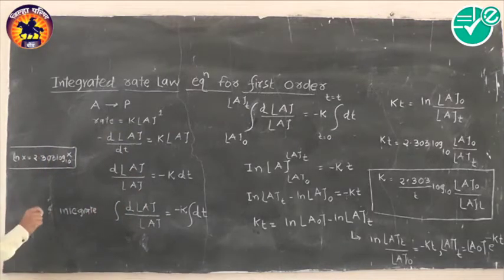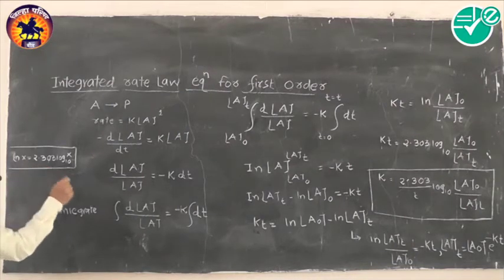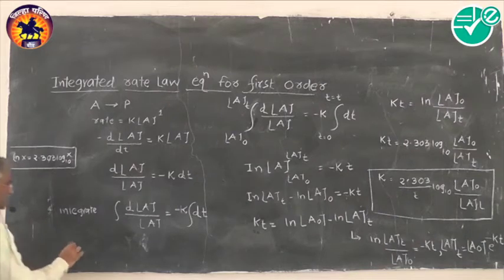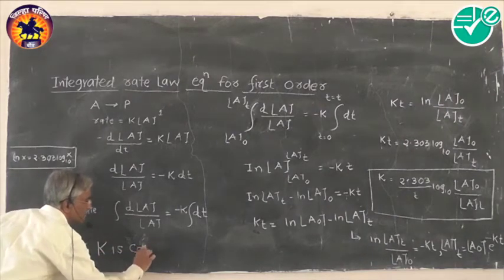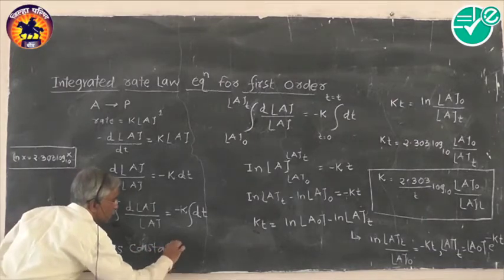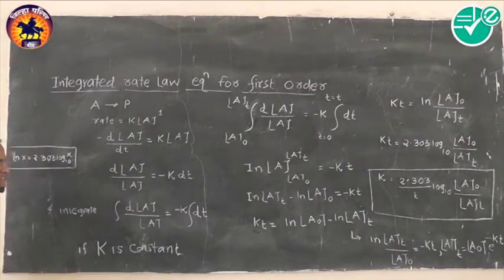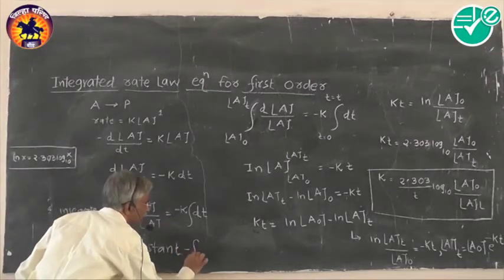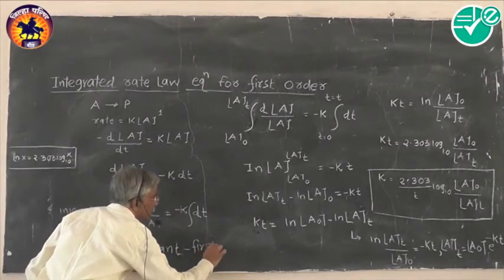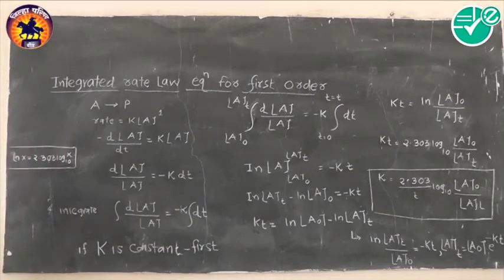So the application of the integrated rate law equation is to calculate the value of k. If k is constant for different concentrations at different times, then by this equation it will prove that the reaction is a first order reaction.